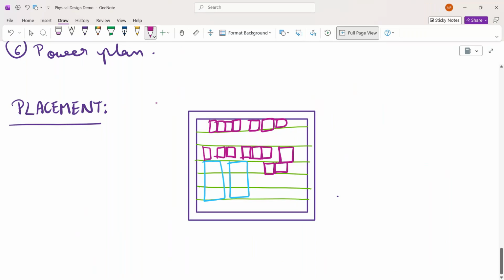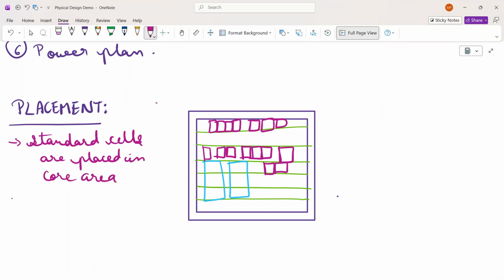So in placement, what happens? Your standard cells are placed in the core area. Here, the tool works on timing and congestion. As I told you, we want our design to work at a particular frequency.